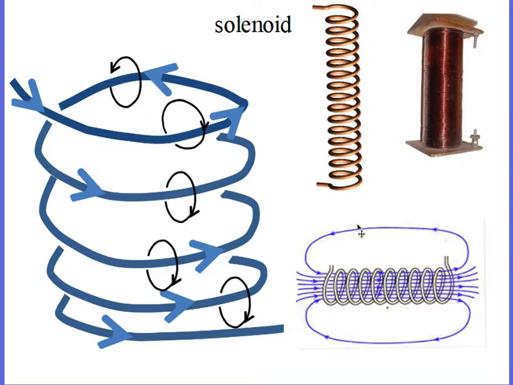Now, to predict that direction, we use the same right hand that we were using before, but we're going to give it a new name. We're going to call it curly straight. And when the straight is current flowing in a wire, then the curly is the magnetic field.